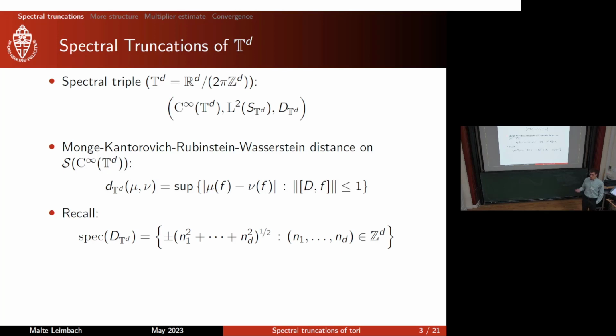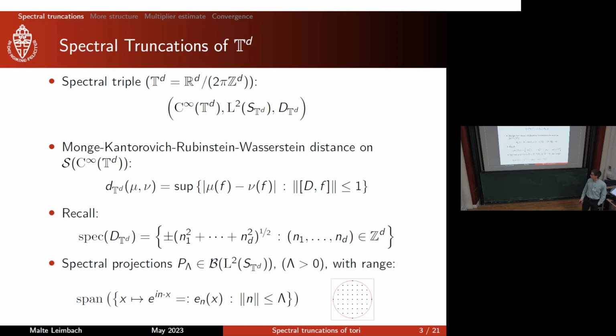And recall that the spectrum of the Dirac operator on the torus is given by this. So it's square roots of sums of d squares of integers. And the last piece of data we need to get our machinery started is the spectral projection.